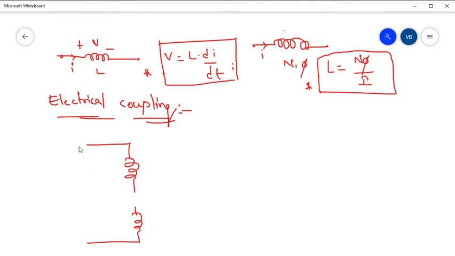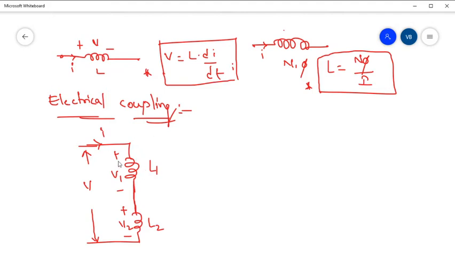If you want to make it electrically coupled, there is a physical connection between these two. If we join these two connections, then inductor L1 and inductor L2 are both physically connected. Let us take the voltage induced here as V1 and here as V2, and the current passing through as I.